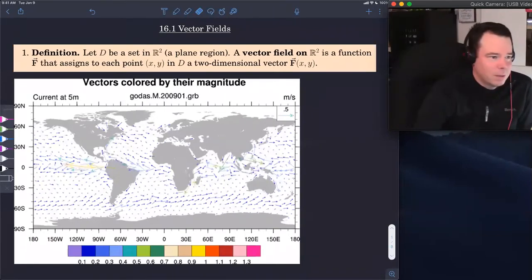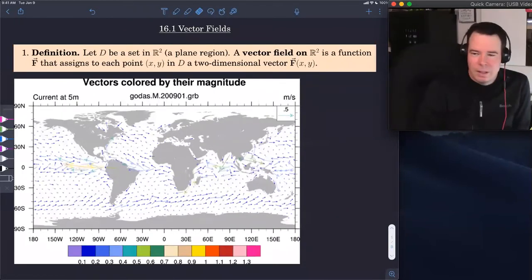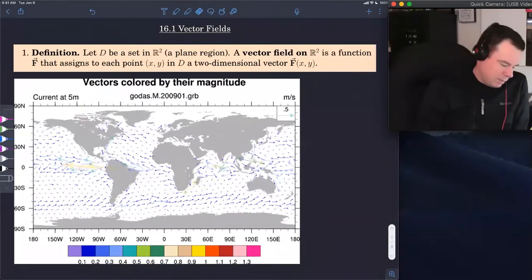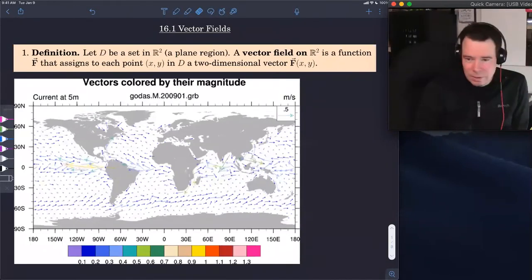We've been looking at functions this entire semester which take multiple inputs: x, y values, or x, y, z values, or even higher dimensions. But now we're looking at their outputs as also taking on multiple values. So these are functions that have multiple inputs, or we can think of them as vector inputs, and they have vector outputs.